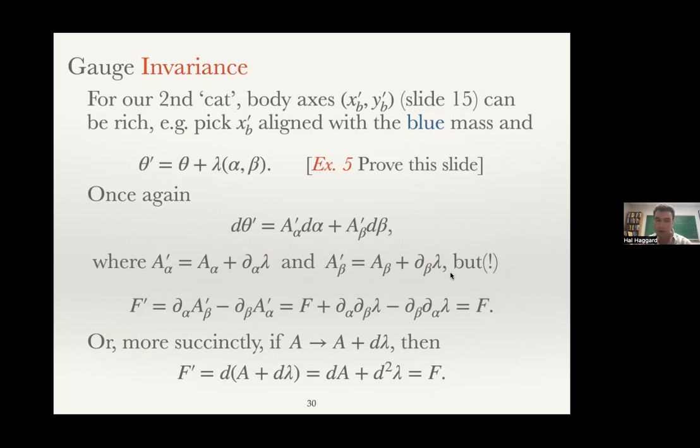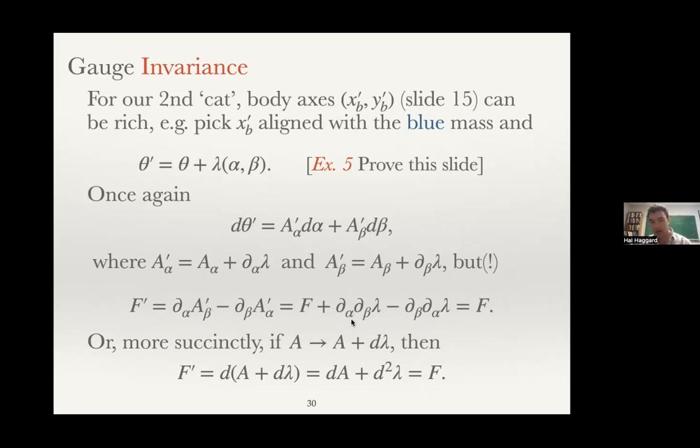The field strength, which you'll recall was just dA, well, when you plug in what A prime is, you get back our initial definition of F, plus you get second partials of lambda.